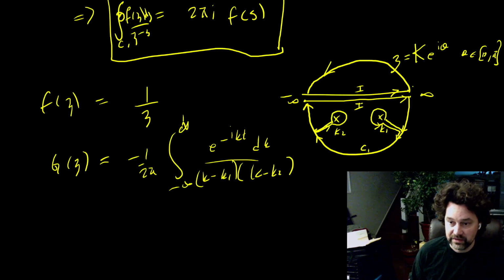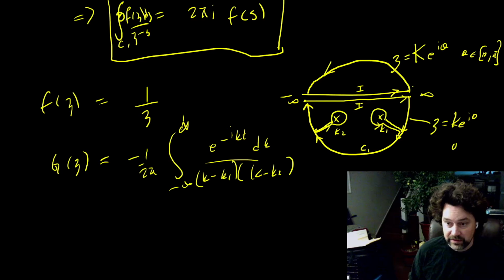And then down here, we have the same thing, z equals K e to the i theta, but theta goes from 0 to minus pi.